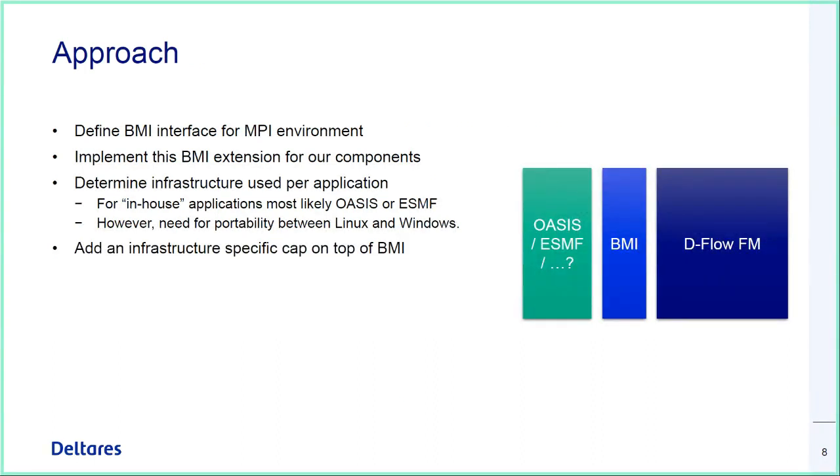So we want to abstract our kernel from what happens in the outside world. But to do that, we first need to make sure that we have a BMI interface that is defined for how it should react for a parallel environment.